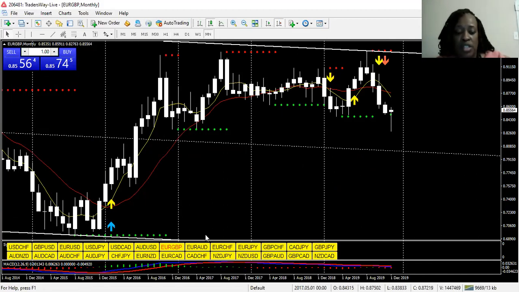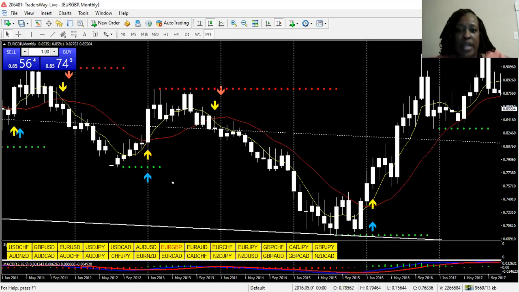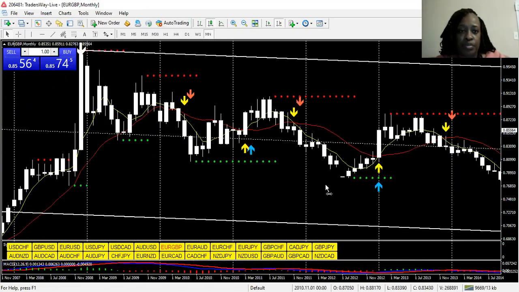With this arrow system, you're following the arrow. So you're either going to be trading with the trend, or you're going to be trading a pullback, because the arrow is specific to each time frame. So on the higher time frame, which is the monthly, the trend is a bearish trend, right?